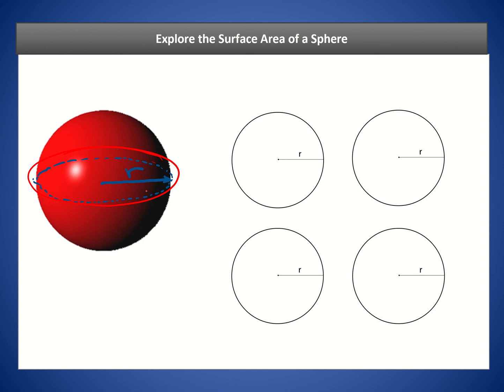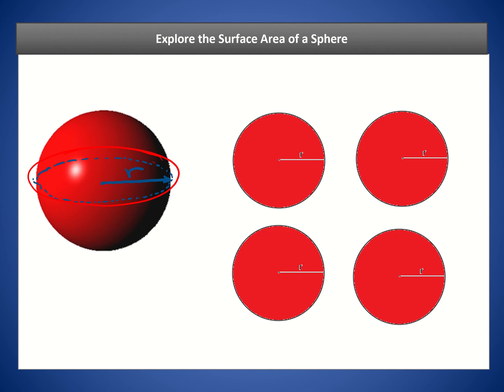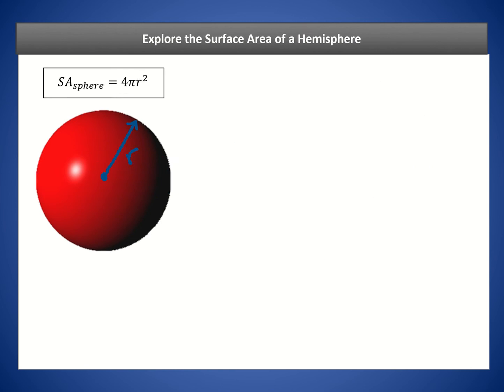If I were to take that and trace it into these 4 circles, then in order to peel this onion, I guess, this outer layer of the sphere, it would fill 4 circles. And remember that the area of a circle is pi r squared, and therefore the surface area of the sphere is 4 pi r squared. So now we know another way to think about it: it fills 4 circles, and therefore it's 4 pi r squared if you were to peel the outer layer.